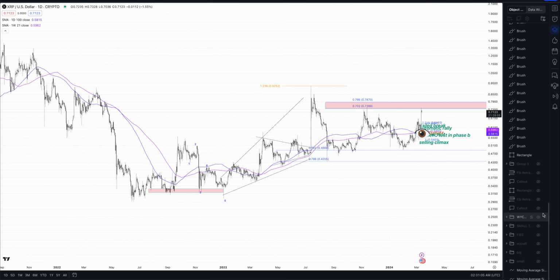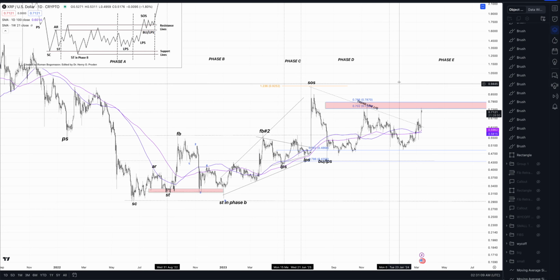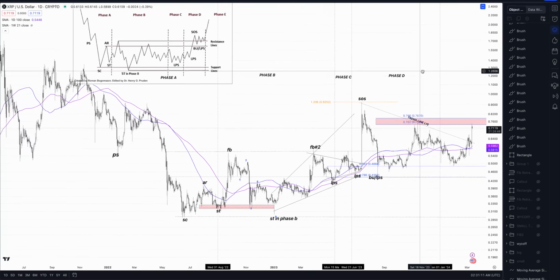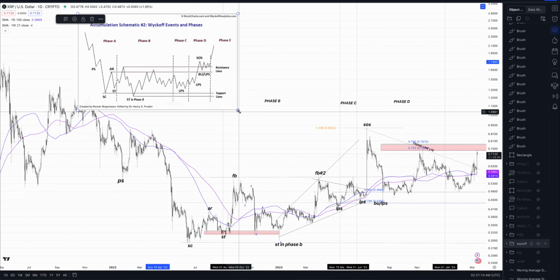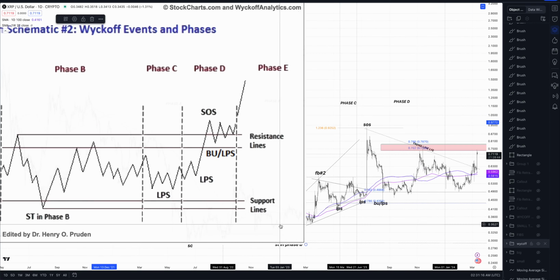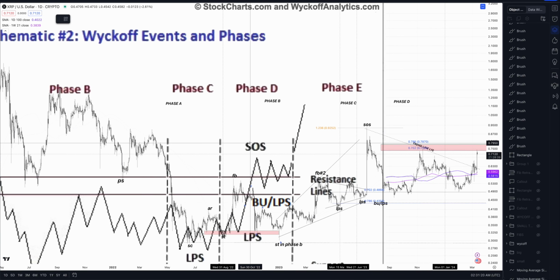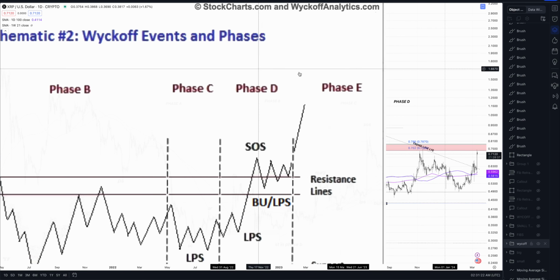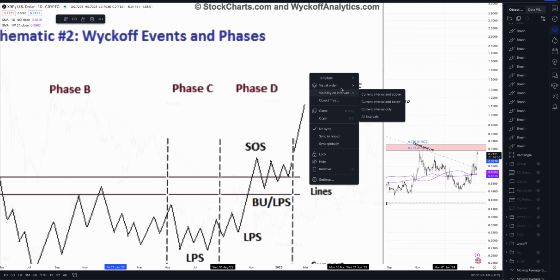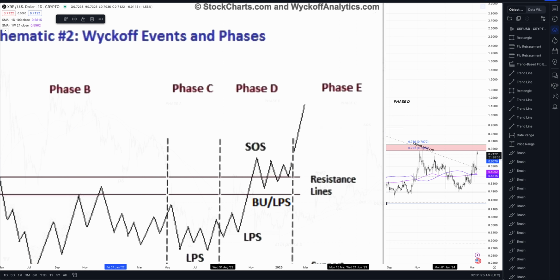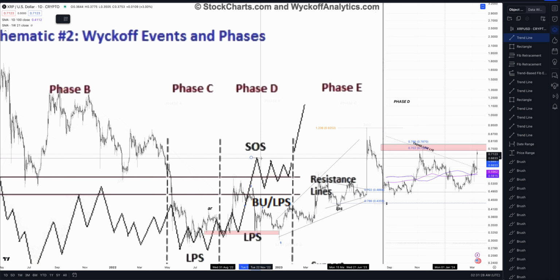So this is your Wyckoff schematic. Okay. This is exactly where we are right now with XRP. I'll show you. This is your high. This is your trend line, right?